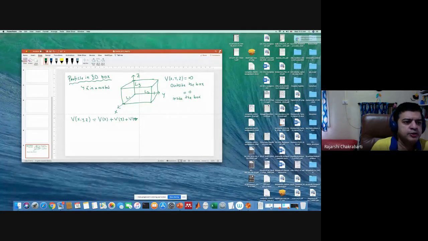This potential is chosen in such a way that the condition I had written already is satisfied. What is the condition? If I take V of x, it is 0 when you are within this length, and infinity otherwise.